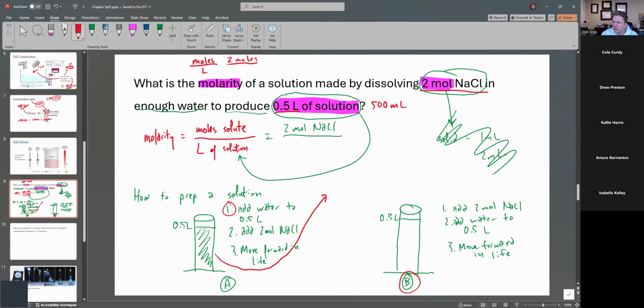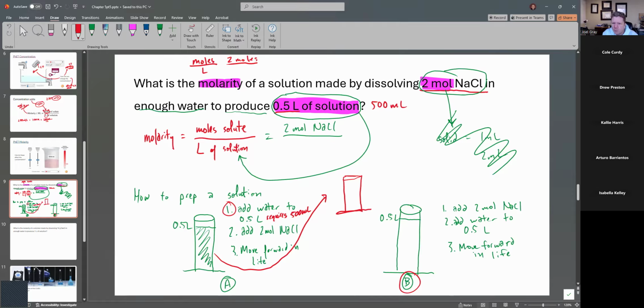What volume of water would that take? That would require 500 milliliters of water. Now here's where I'm going to change the parameters just a little bit. Let's say that our glassware holds precisely 500 milliliters.